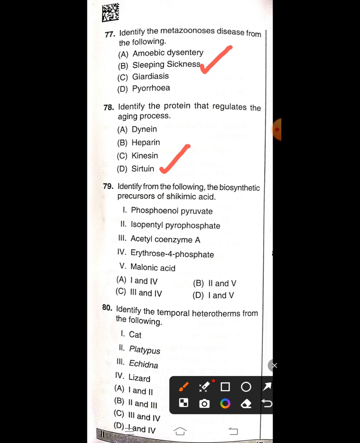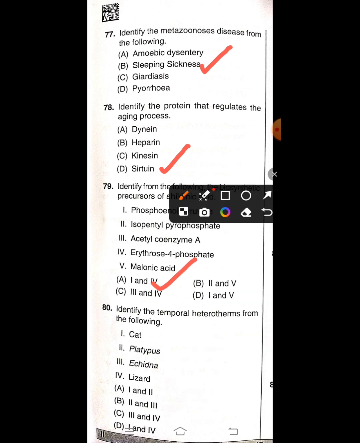For this the correct answer is A. That means phosphoenol pyruvate and erythrose 4 phosphate is the correct answer. Okay, option A is correct for this question. So let's see the next question.